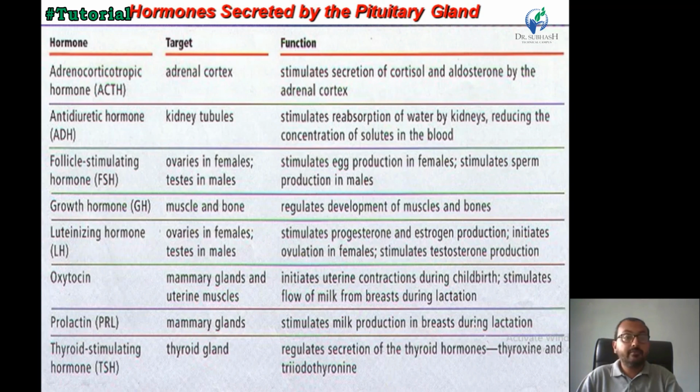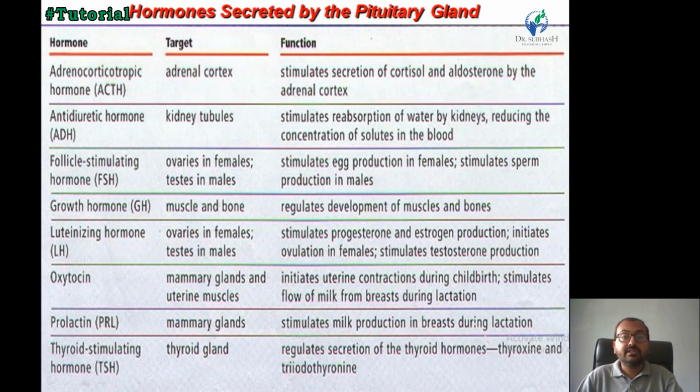Follicle stimulating hormone works on the ovaries in females, and in males, it works on the testes. It stimulates egg production in females and sperm production in males. First one is oogenesis, next one is spermatogenesis. Next is growth hormone, that is muscle and bone.